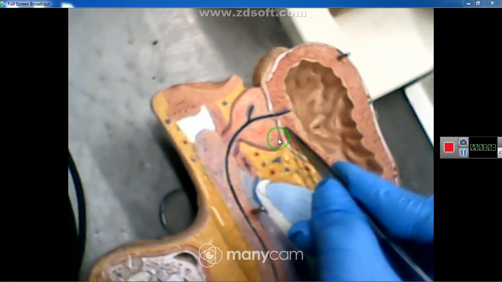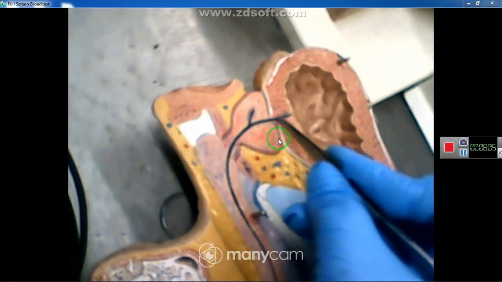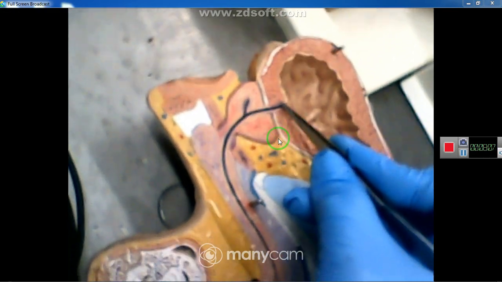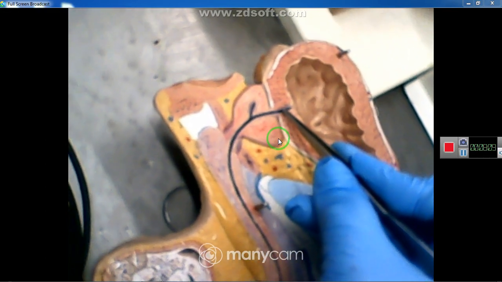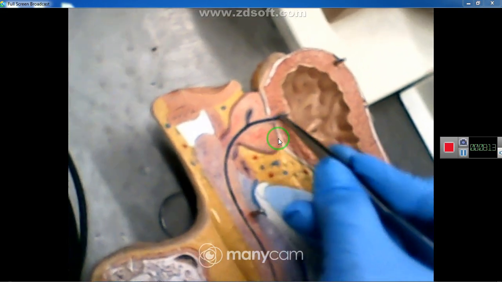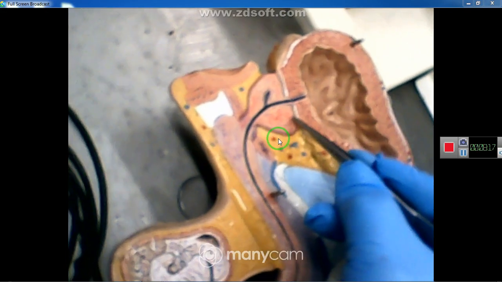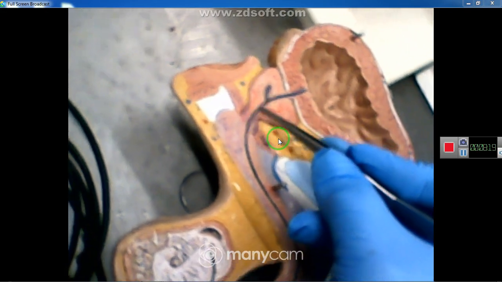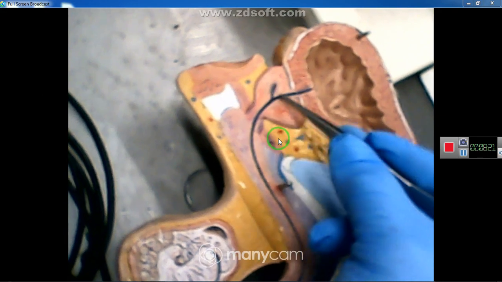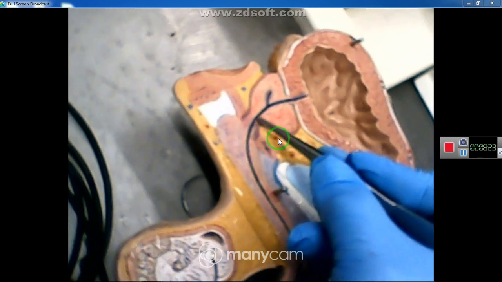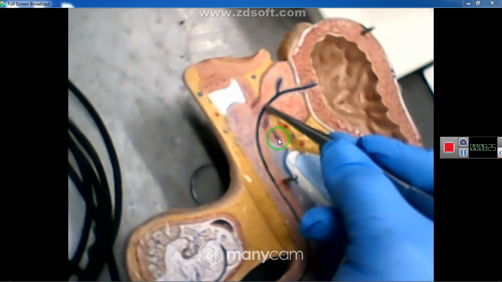The neck of the urinary bladder shows the opening of the urethra, which is called the internal urethral orifice, surrounded by the internal urethral sphincter. This neck is related to the base of the prostate, and inside the prostate you can see the prostatic urethra.